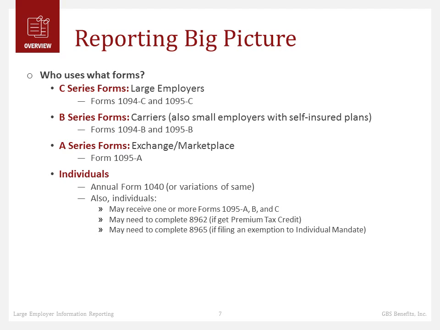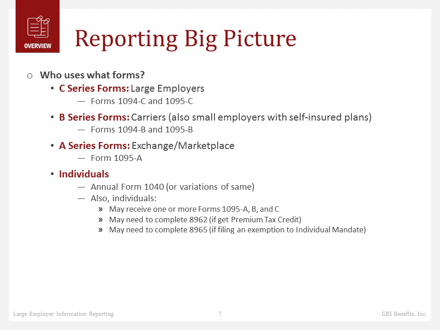So again, on the C series forms, large employers who are self-insured or sponsor self-insured plans have a special section that is the equivalent of the information requested in the B forms. So oftentimes you hear that large employers have to do the C and B forms, but in reality all you have to worry about is the C forms, because there is a section that requests the B form information.